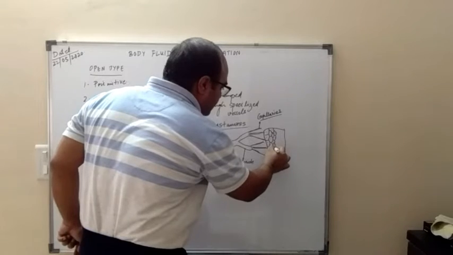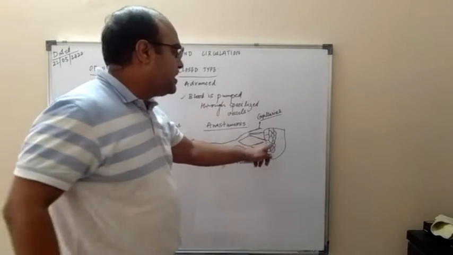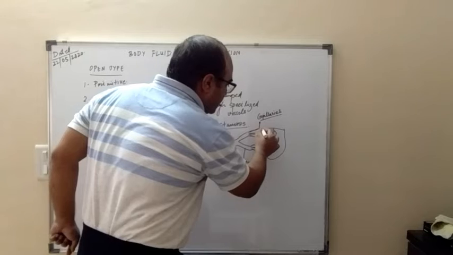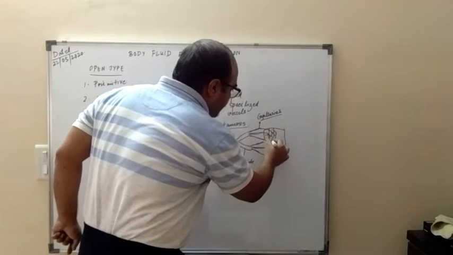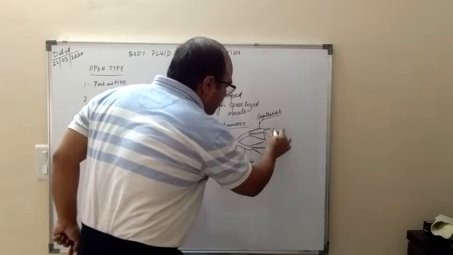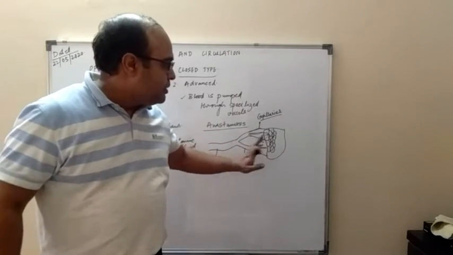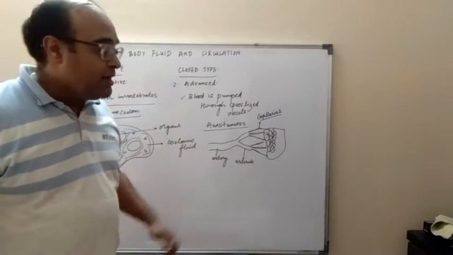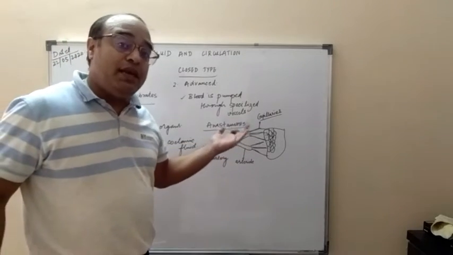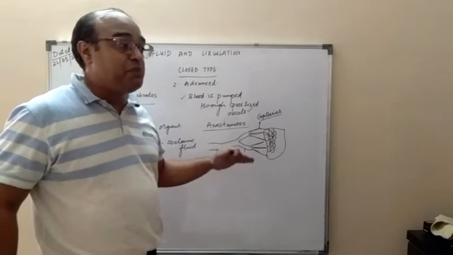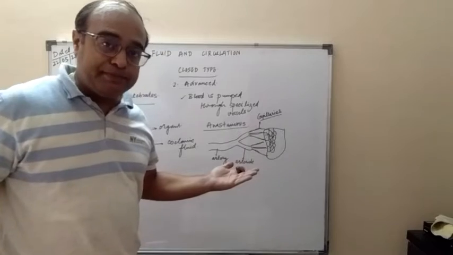See, like this. These are the cells of the organ, and these capillaries are single celled. They will provide oxygen directly to the cells of the organs. Now they have to take back the carbon dioxide which is produced as a metabolite.